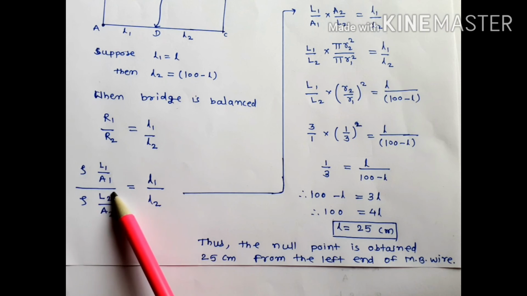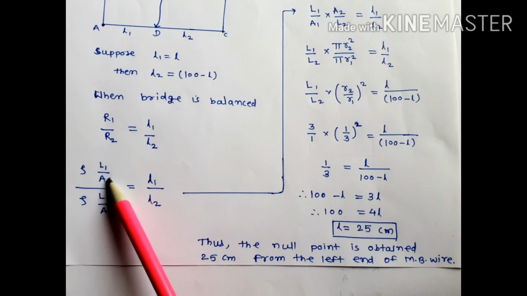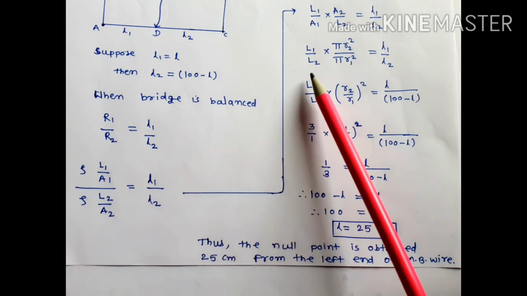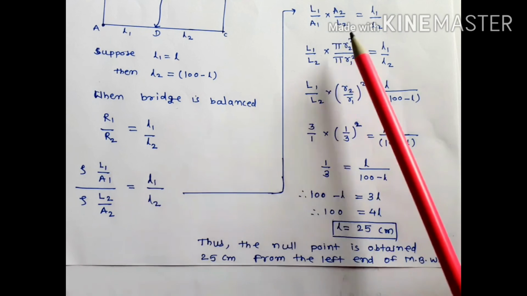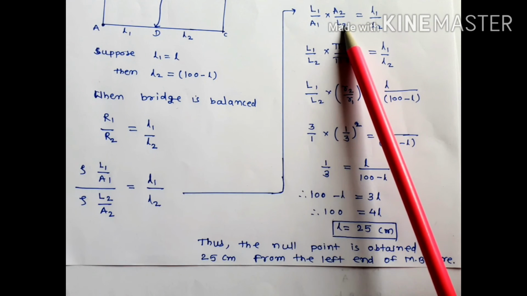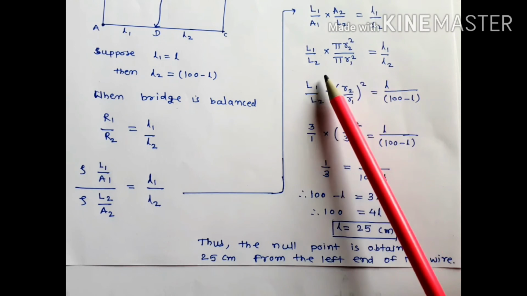Therefore by solving this step, we got L1 upon A1, the numerator term as it is, into the reciprocal of the denominator term, A2 divided by L2, equal sign as it is, L1 upon L2 as it is.